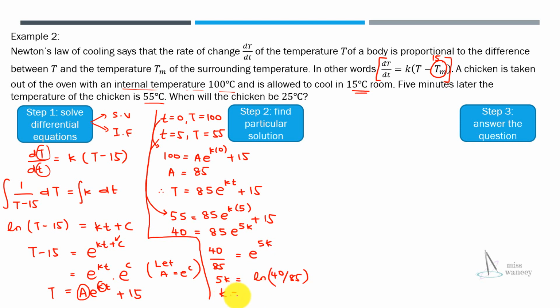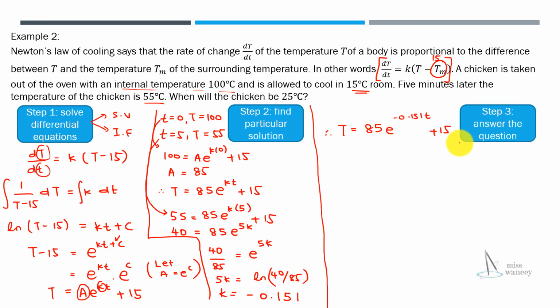So k is negative 0.151. Okay, so once we know the value of k, let us substitute then. So T is equal to 85e^(negative 0.151t) and then plus 15. This is the particular solution.